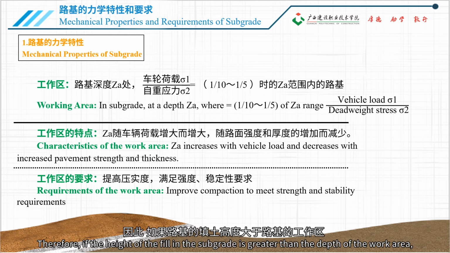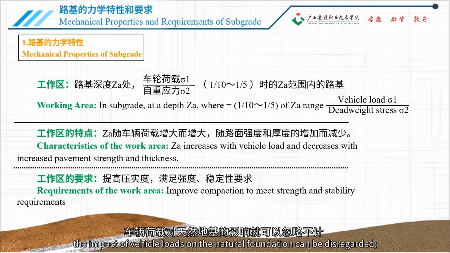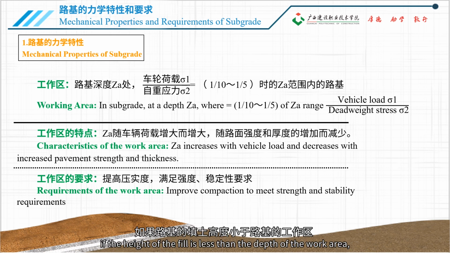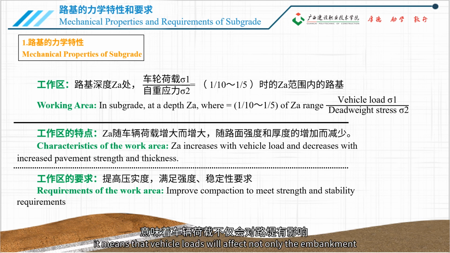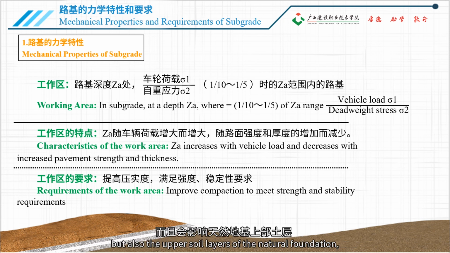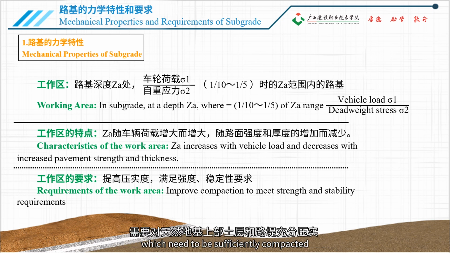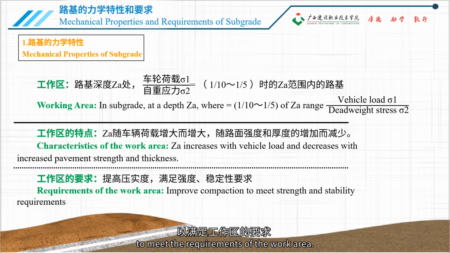Therefore, if the height of the fill in the subgrade is greater than the depth of the work area, the impact of vehicle loads on the natural foundation can be disregarded. If the height of the fill is less than the depth of the work area, it means that vehicle loads will affect not only the embankment, but also the upper soil layers of the natural foundation, which need to be sufficiently compacted to meet the requirements of the work area.